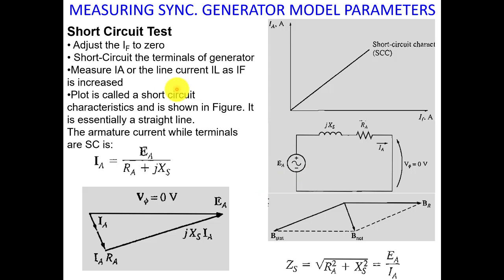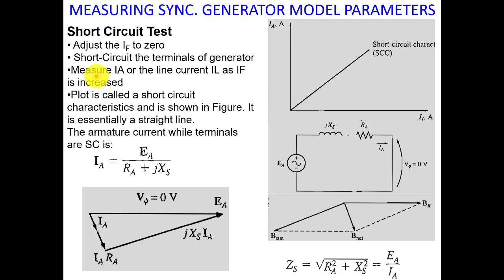Next we can perform the short circuit test. In this short circuit test, what we do is that we adjust the IF to 0 and short circuit the terminals of the generator so that the maximum current will flow, and then V phase is obviously 0 because of this short circuit.